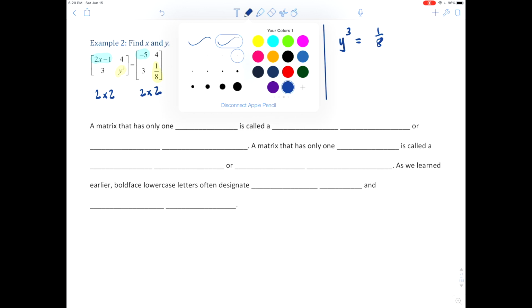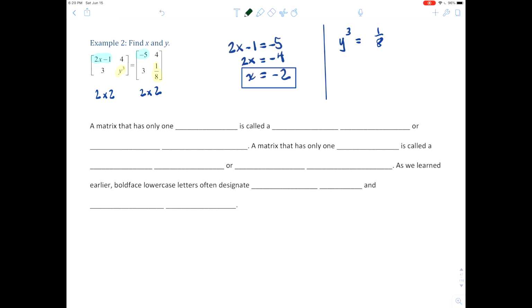Cool. You can either raise both sides to the 1/3 power, or you can find the cube root of both sides. Now be careful when your root has an odd index, which we do because our index is 3: you can get negative values underneath the radical because it's a cube root.